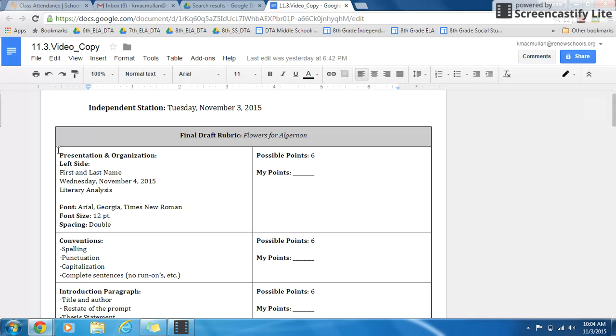So if you look at the first box, it says presentation and organization. On the left side, your first and last name, Wednesday, November 4th, 2015. And then this is the type of essay, literary analysis.